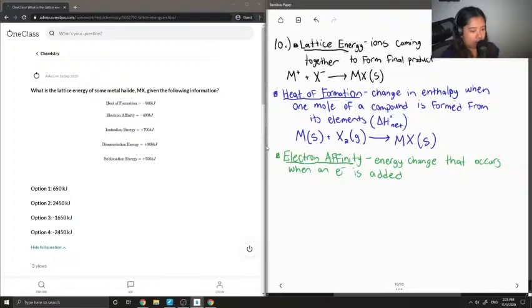So in our example, this is when you have our halide as a gas plus an electron, and then it ionizes our halide to get X minus.